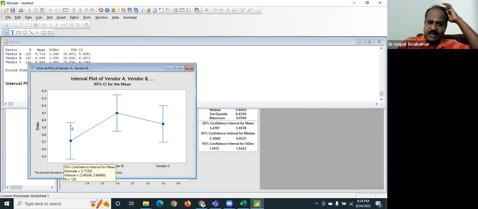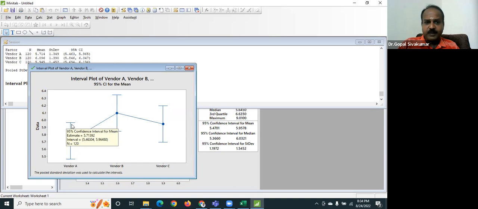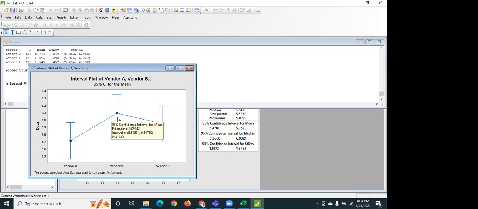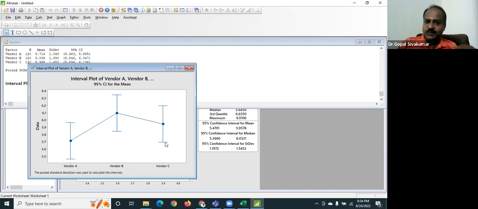The upper confidence limit of A crosses beyond the lower confidence limit of B. The same upper confidence limit of A goes beyond the lower confidence limit of C also. If this happens, you must conclude A is not statistically different from B and C.